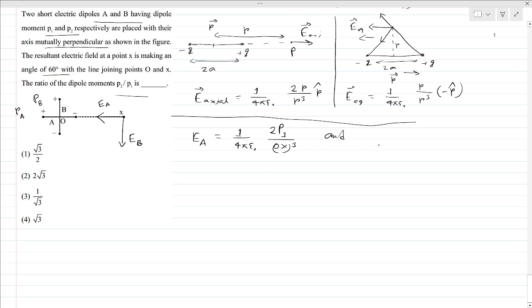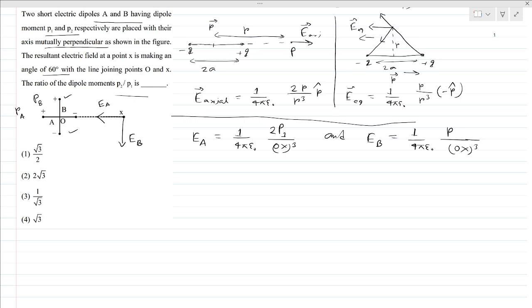And EB equals 1 by 4 pi epsilon naught P by, similarly, OX cube. I don't need to write the minus sign because I have already mentioned that at the equatorial point the direction of the electric field is from plus q to minus q charge.